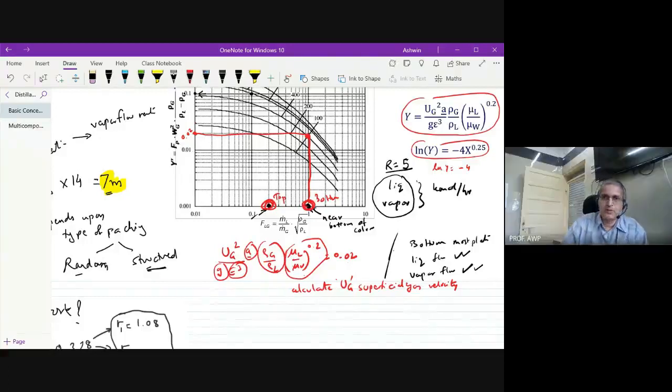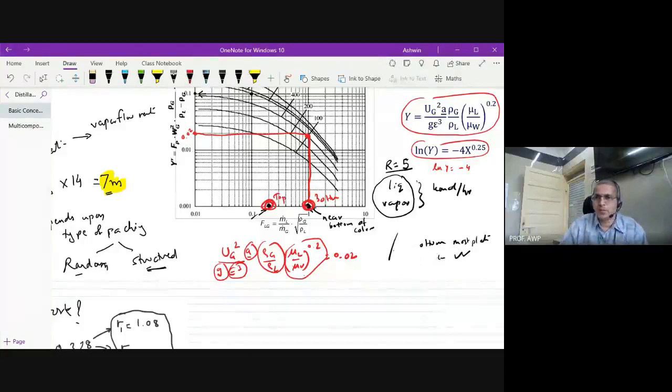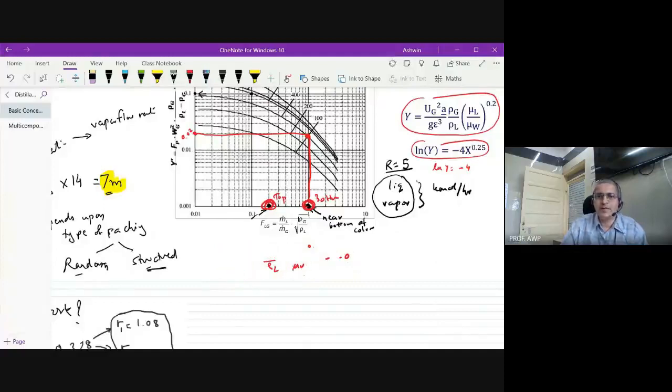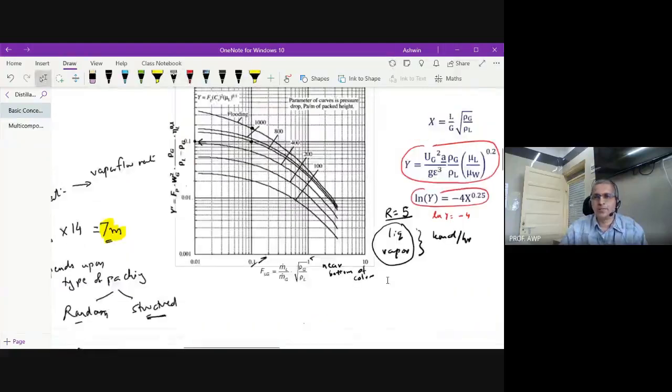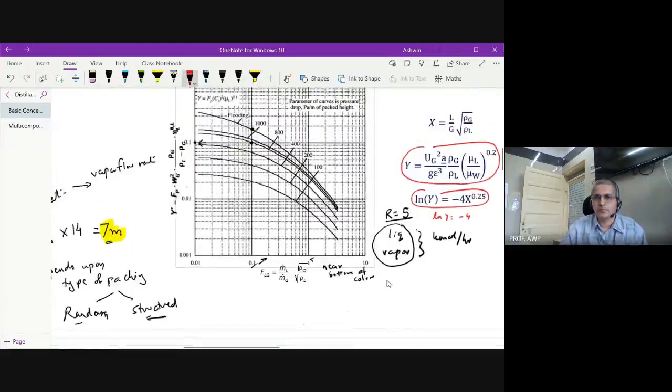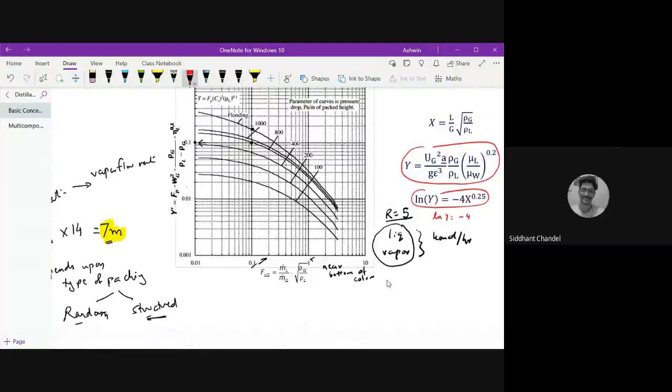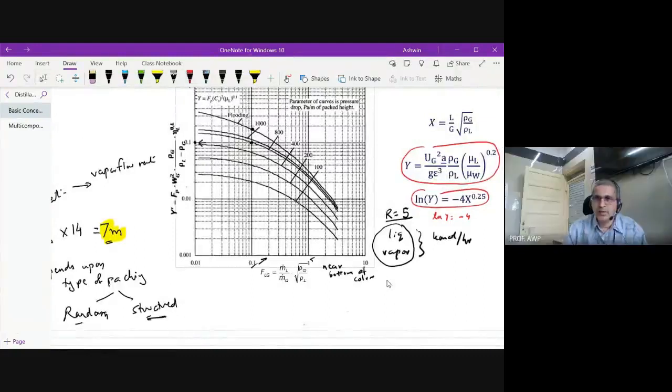So that means if I calculate diameter based on the bottom of the column liquid and vapor flow rates, I will get a higher value of the diameter. Whereas if I calculate based on the top of the column, I will get a lower diameter. Do you agree with that? Yes, sir. So use these relationships. This is at flooding.